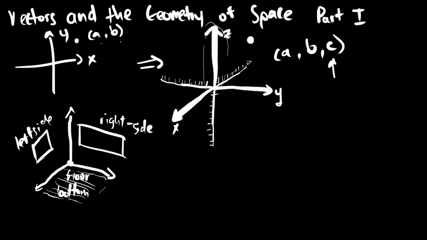There's one last idea that may help you in drawing this three-dimensional coordinate system. Let's draw it one last time, just quickly. This is the z, the y, the x, and this is the origin.